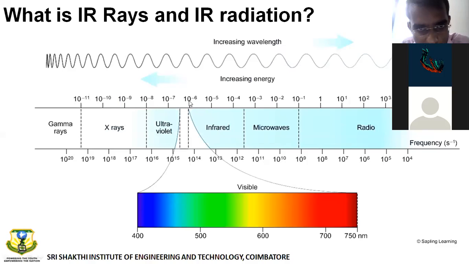Or in frequency range, before the visible frequency, this invisible light is there. That is why you call it infrared, as it is nearer to red. In the visible band, the smallest wavelength is blue, around 400, and the minimum is violet or purple.